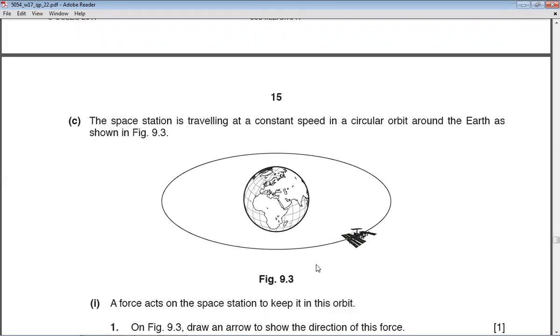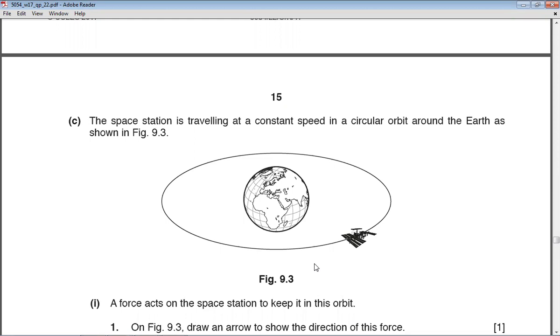The Earth and the satellite, they both are masses, so they have attraction. Their attraction with each other is known as the gravitational force of attraction. So this centripetal force is basically provided by the gravitational attraction between the Earth and that satellite.